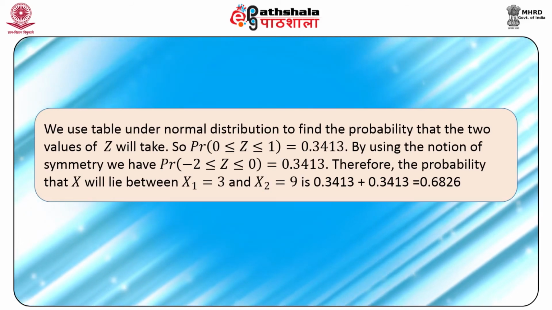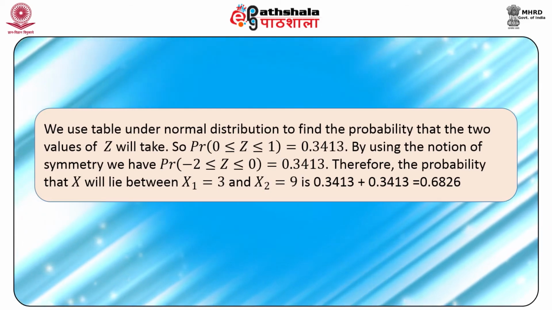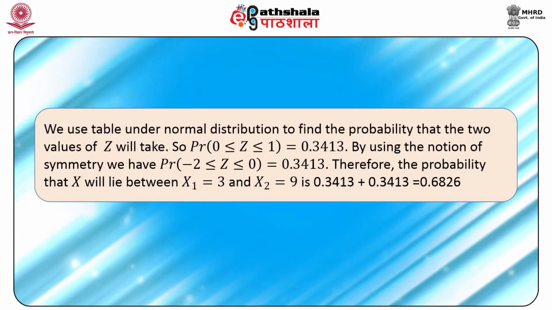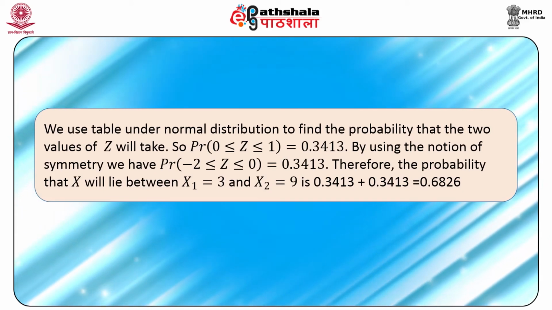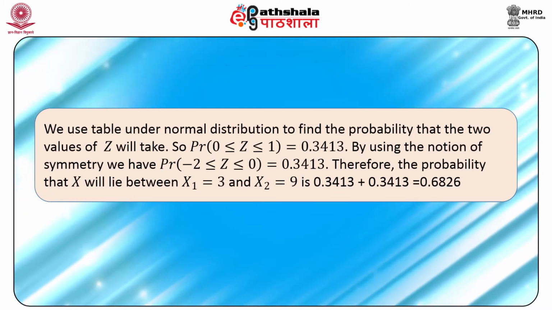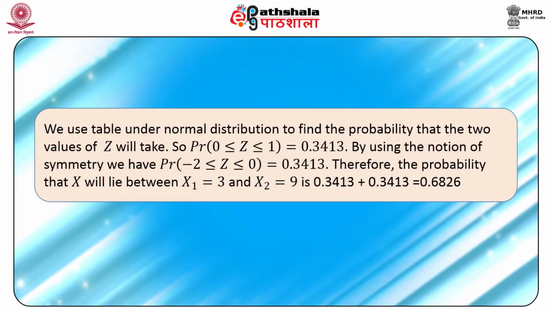Therefore, the probability that x will lie between x1 equal to 3 and x2 equal to 9 is 0.3413 plus 0.3413, which is 0.6826.